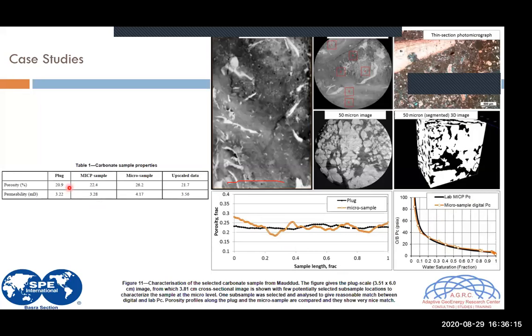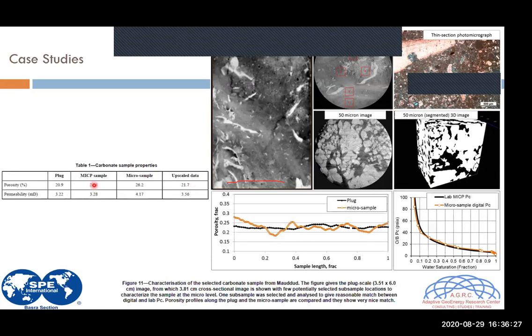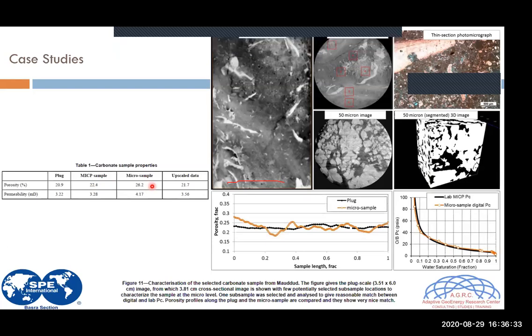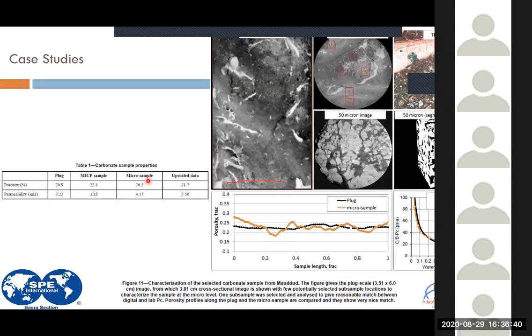Just some results here. For example, the porosity in the plug for the carbonate rock, we found 20% porosity, and then when we performed this in the lab experiment, we found 22.4 for the microsample. As I mentioned, capturing the features from the higher acquisition, in different scales, we got 26.